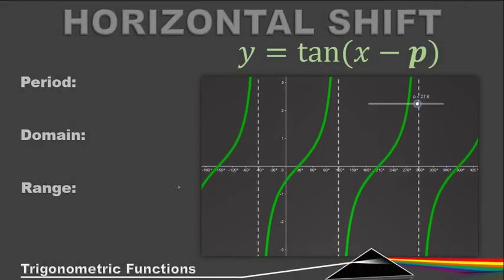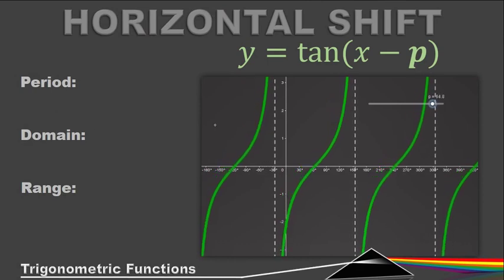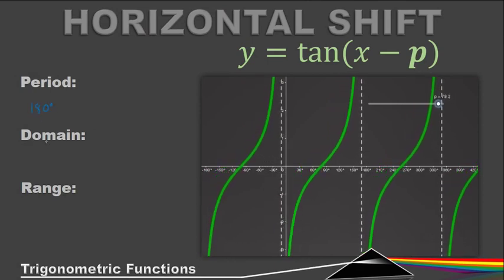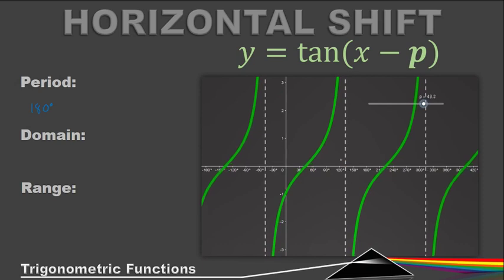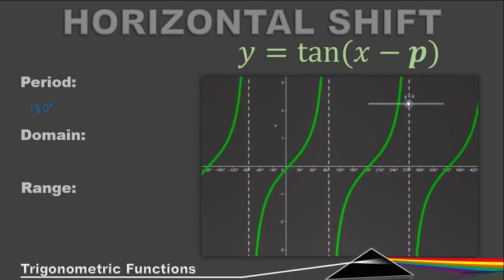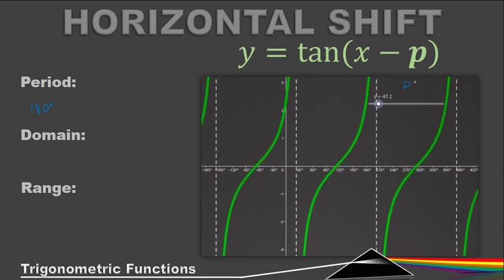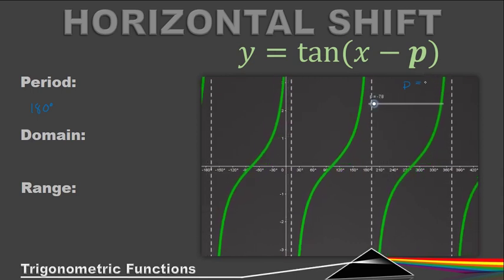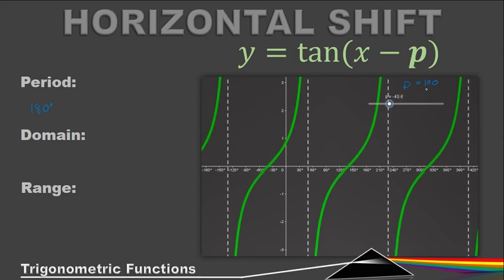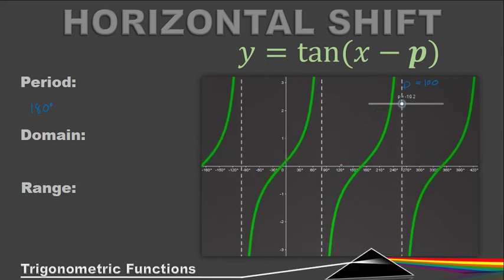And then for the horizontal shift on the tan graph, we've got our period as 180 still. And once again, the domain will change. For another example, we can say that our p-value is, let's say, 100. Let's say that our original graph was just this actual graph here from 90 to 270.